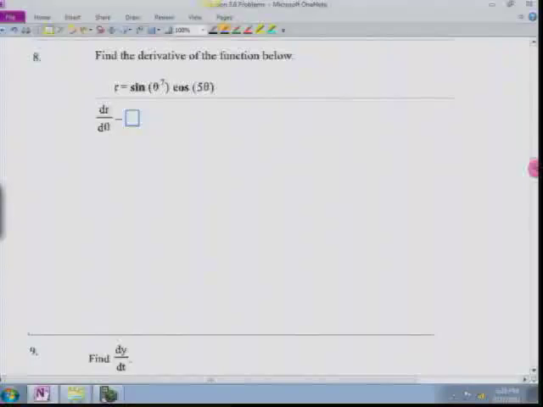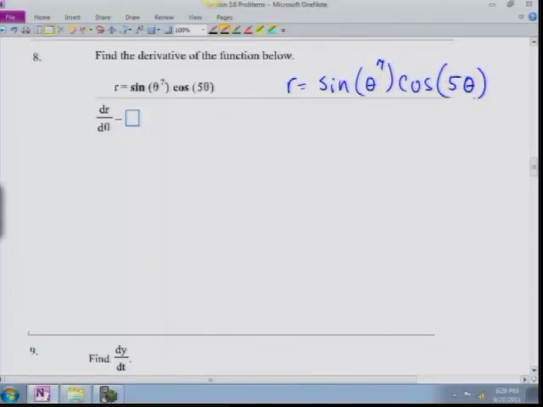It's the algebra. All right, let's try this one. It's trig, but same idea. We've got r equals sine theta to the 7th cosine 5 theta. Is that a product? Okay.